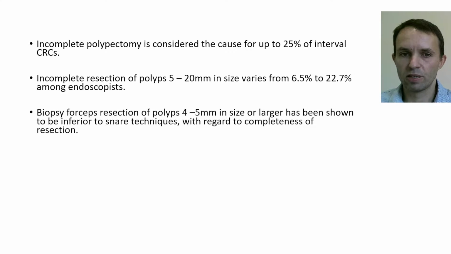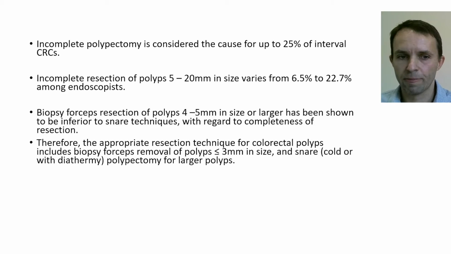Biopsy forceps resection of polyps 4 to 5 millimeters in size or larger has been shown to be inferior to snare techniques with regard to completeness of resection. Therefore, the appropriate resection technique for colorectal polyps includes biopsy forceps removal of polyps less than or equal to 3 millimeters in size and snare, cold or with diathermy, polypectomy for larger polyps.